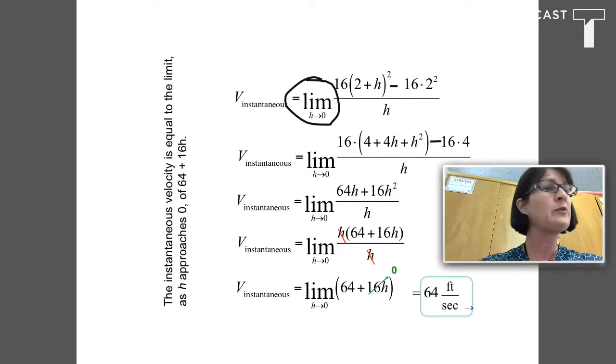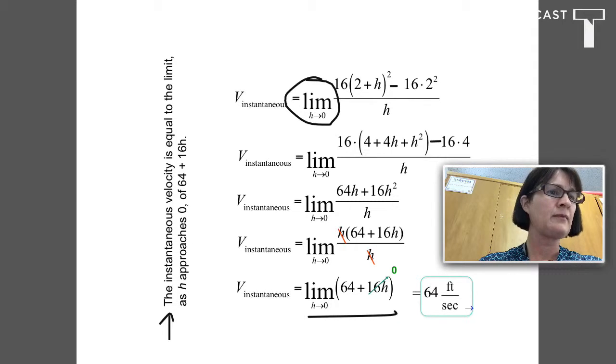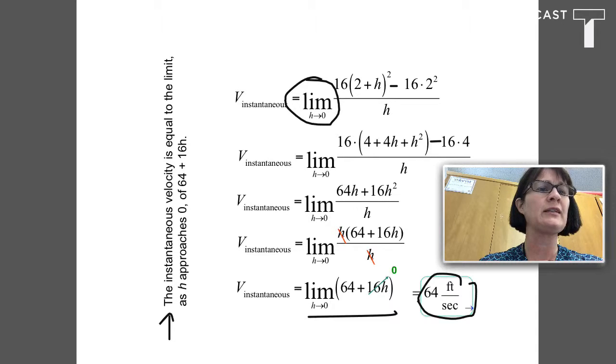So let me read for you here. I've written on the side, we would say that the limit as h approaches 0 of 64 plus 16h is 64. So that's how we read that notation: the limit as h approaches 0 of 64 plus 16h. And we're going to talk more about how to evaluate limits.